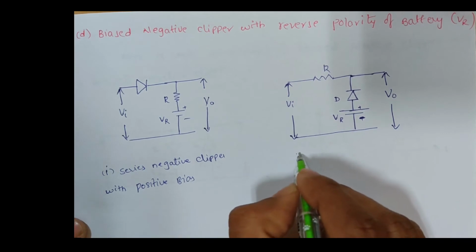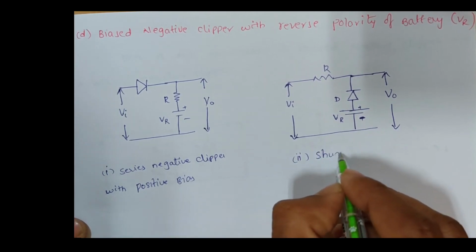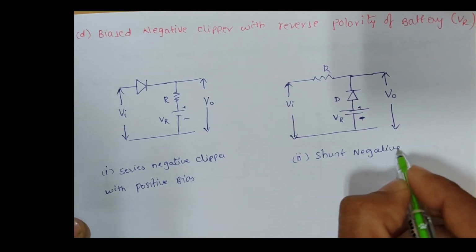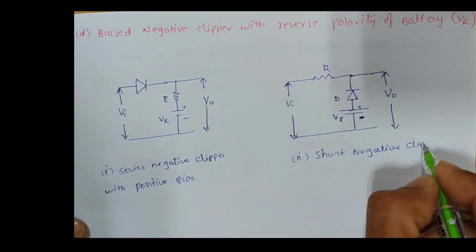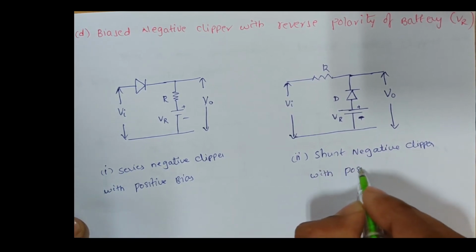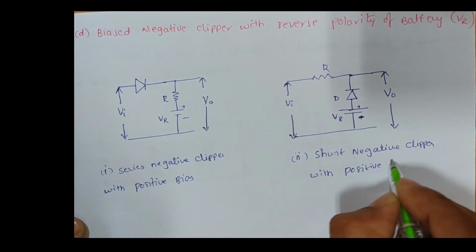And this one is a shunt negative clipper with positive bias.